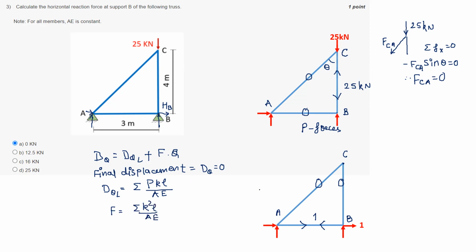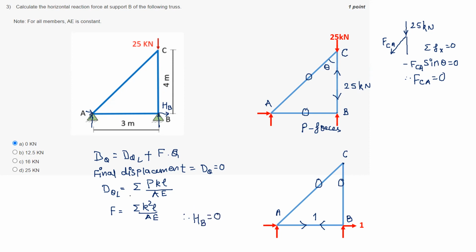So we have these values. Now in this, PKL becomes 0. K square L upon AE, we will get as 3 upon EI. But Q we are going to get 0. And therefore we have force reaction that is HB equal to 0.